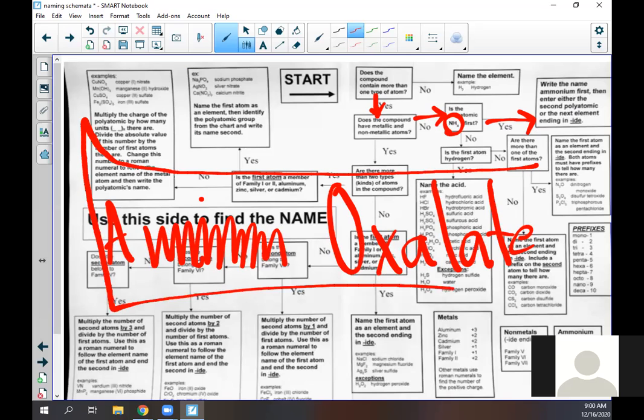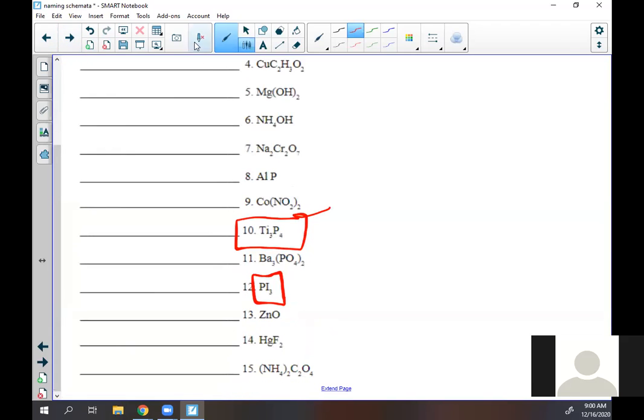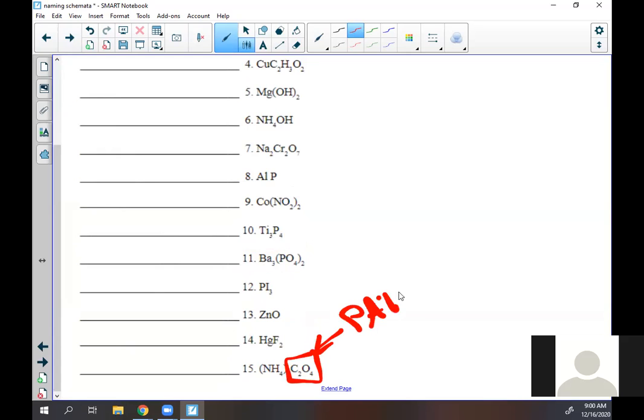This one's tricky right here. It says write ammonium first, then enter either the second polyatomic ion, which is oxalate, or the element ending in "ide." Great question, but if you look right here, if there's more than one thing after NH4, it's a polyatomic ion.